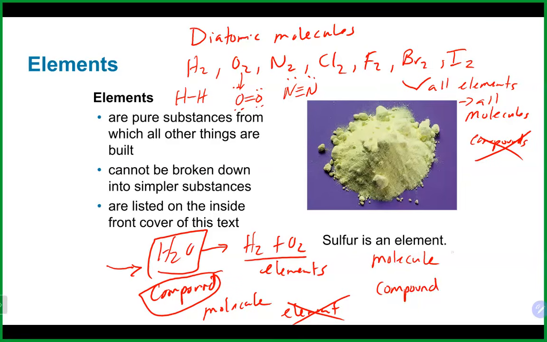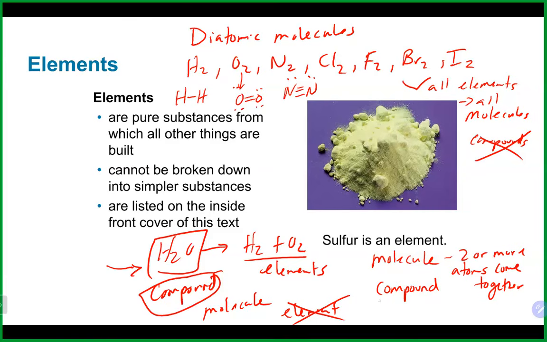A molecule is basically just 2 or more atoms that have come together. And that may be 2 or more atoms of the same element or different elements. It doesn't matter. You basically just need 2 atoms of anything to come together to make a molecule.